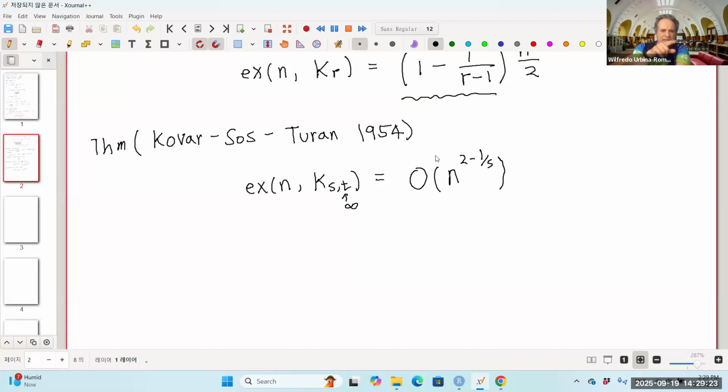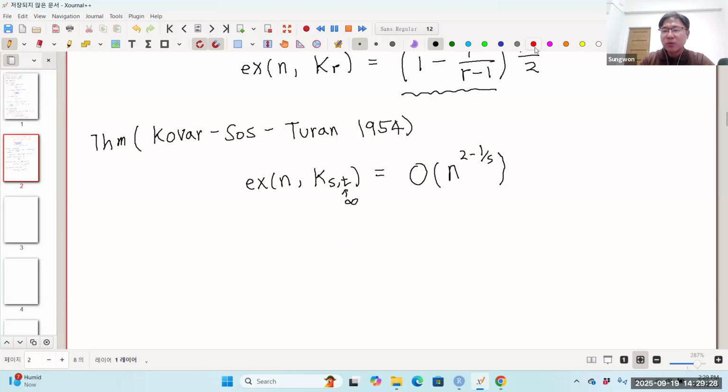But could you repeat what K_{s,t} is? Oh yeah, sure. So you have here s number of vertices, and then here you have a t number of vertices, and then they are completely connected. But among those s vertices and among those t vertices, they are not connected.